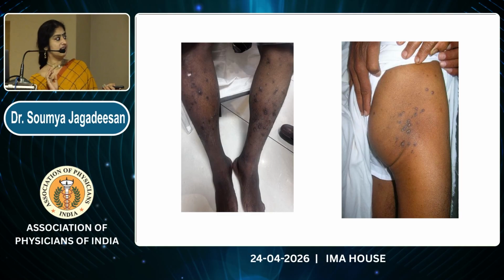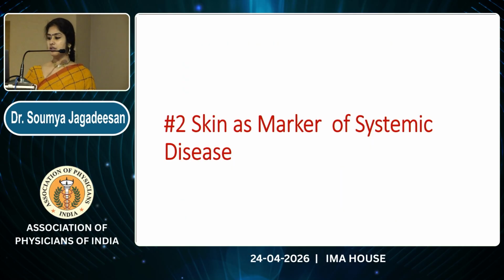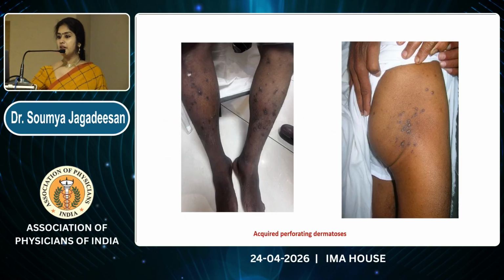And this is not diabetic shin spots. These are not diabetic dermopathy. This is very itchy. Haven't you seen these itchy spots in uncontrolled diabetes particularly? This is called acquired perforating dermatosis.